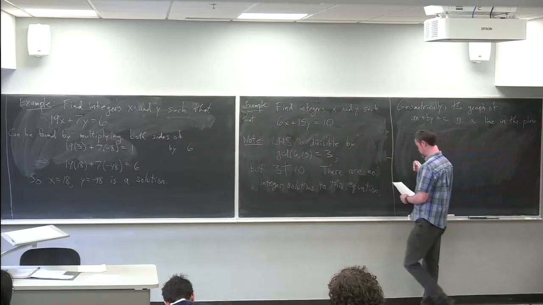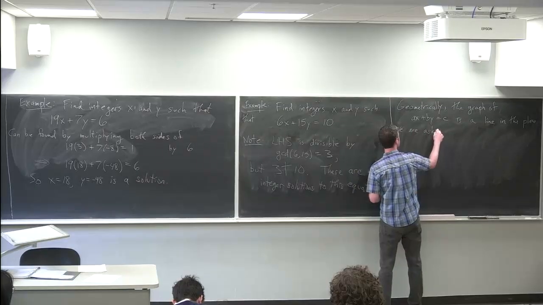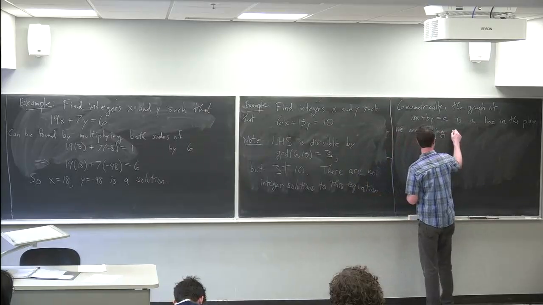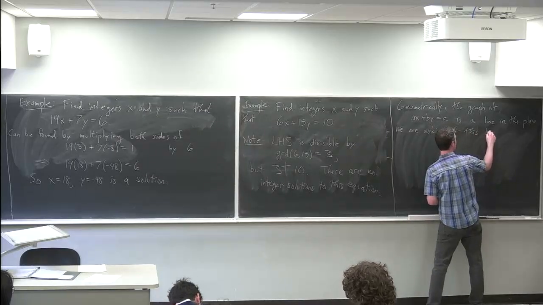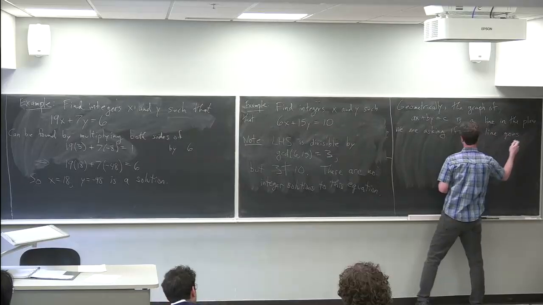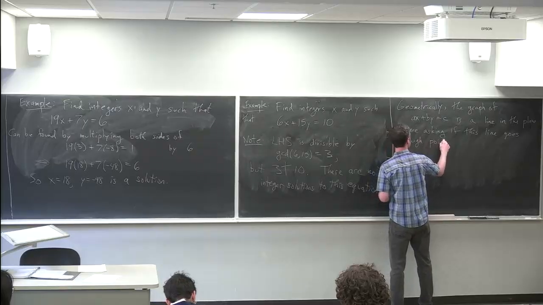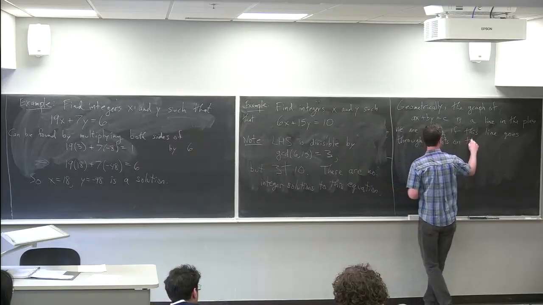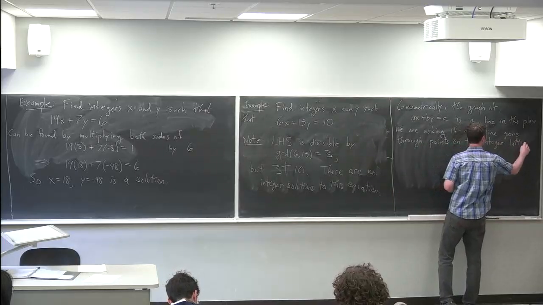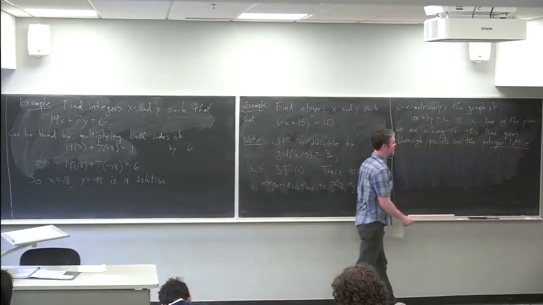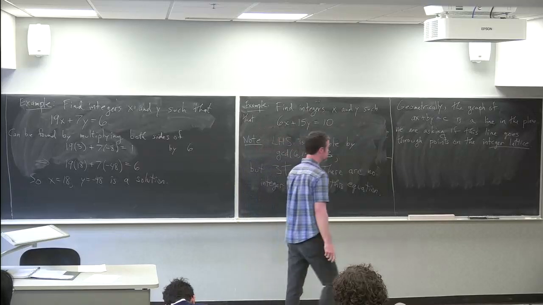And the point is we are asking if this line goes through points on what's called the integer lattice. That's just a fancy way of saying the points in the plane that have coordinates that are both integers.